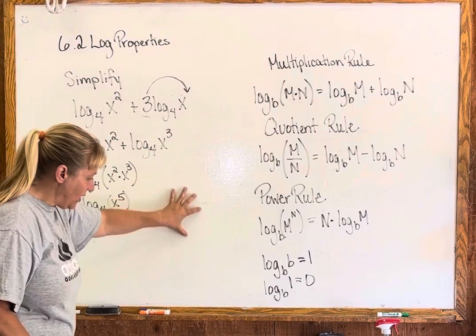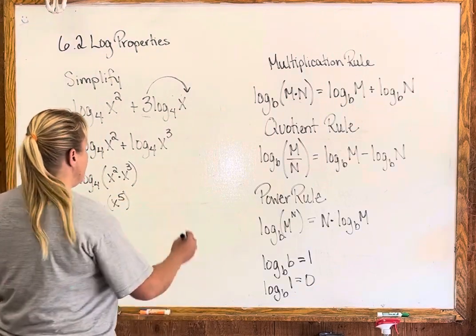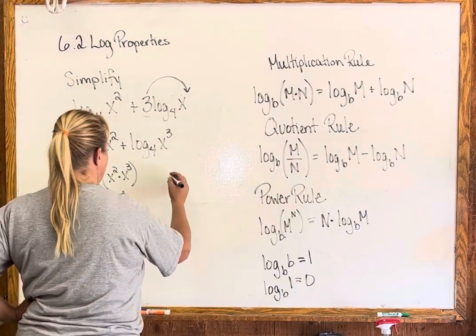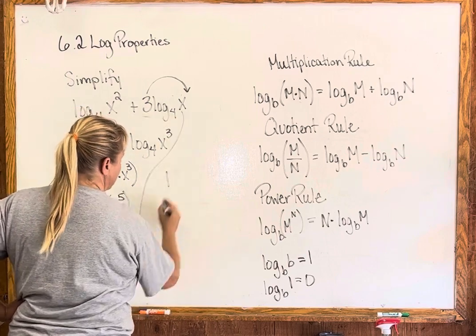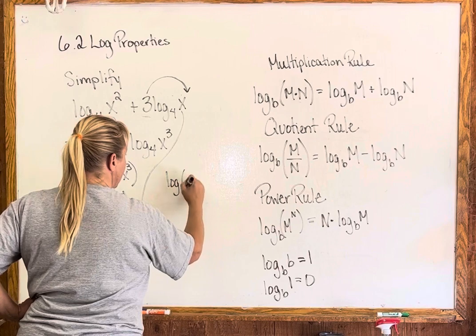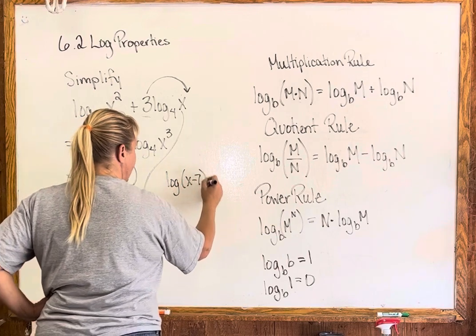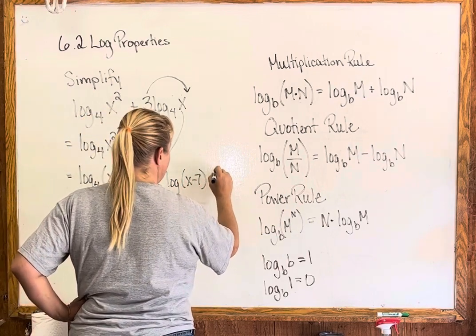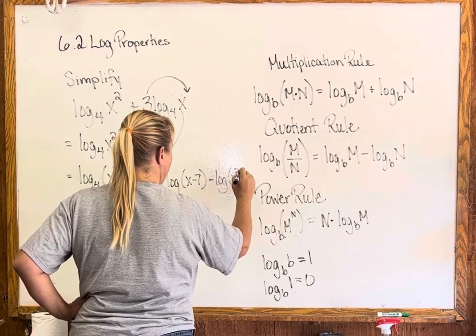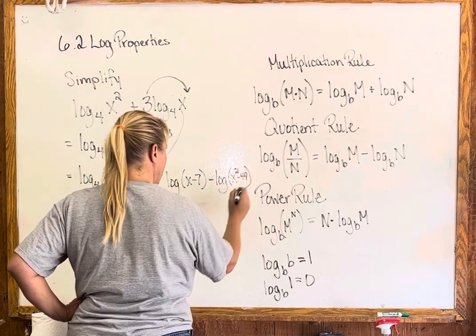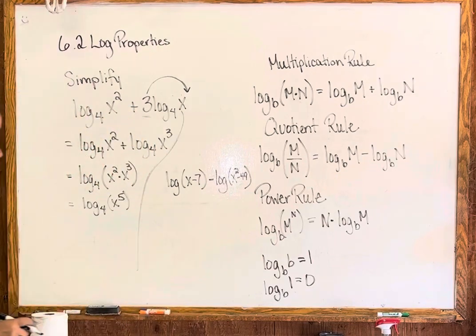All right, let me stick one right here. Let's say that we had something like log of x minus 7 minus log of x squared minus 49. And we want to simplify this.